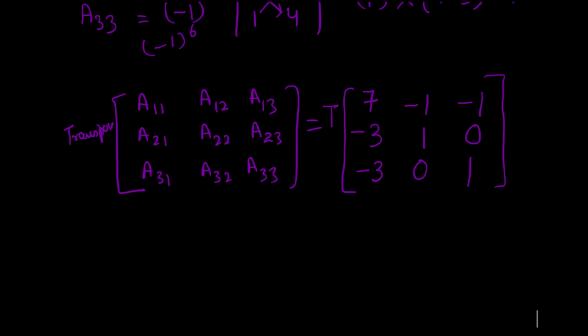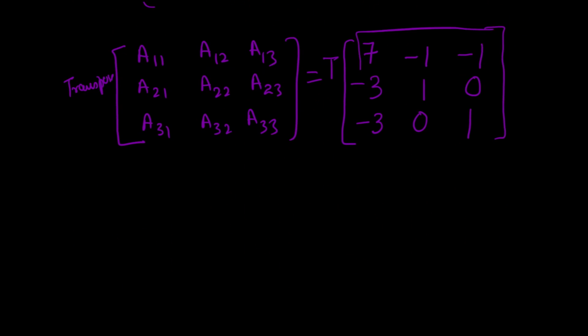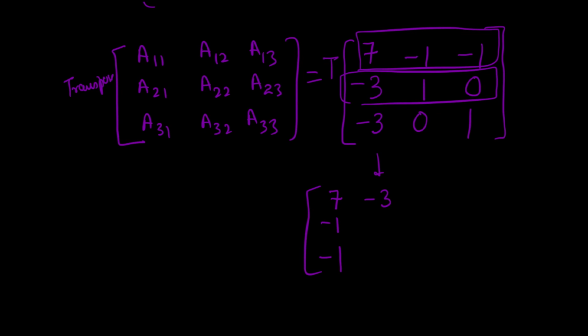So once you find the transpose, that means this row now becomes a column. So this becomes 7, minus 1, minus 1. This becomes again a column, minus 3, 1, 0. And again this becomes minus 3, 0 and 1.